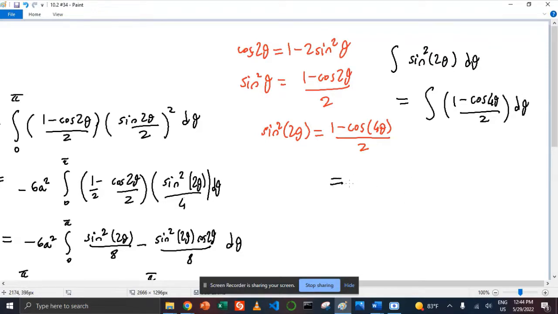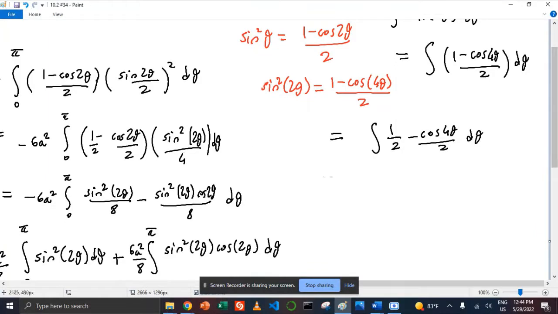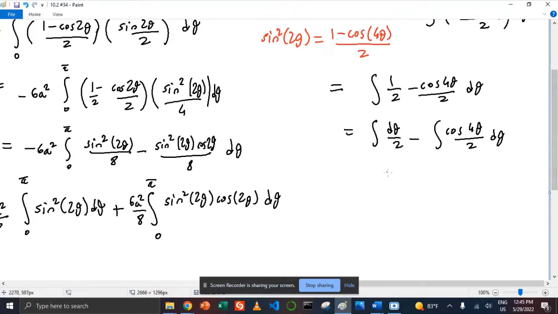And we once again get two more smaller integrals to work with here: 1/2 minus cosine 4 theta over 2 d theta. But fortunately, these are much easier integrals. These are just much simpler integrals to work with.